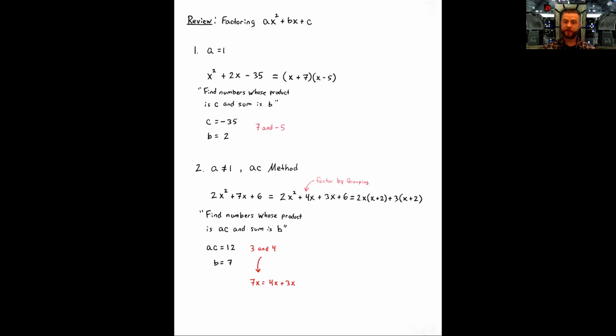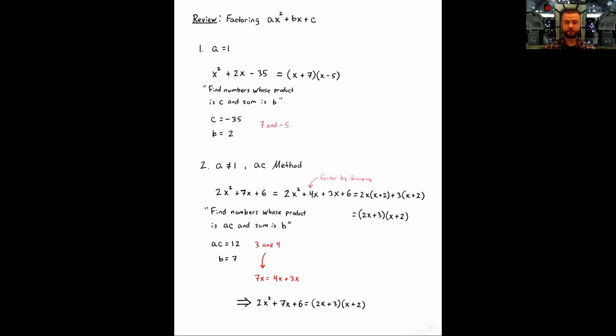So we factored by grouping, and notice the last expression there. Each term contains x plus 2, so we could factor x plus 2 out. The terms or factors in front of the parentheses, 2x and 3, that will be the other factor, 2x plus 3. So we get our factorization here.